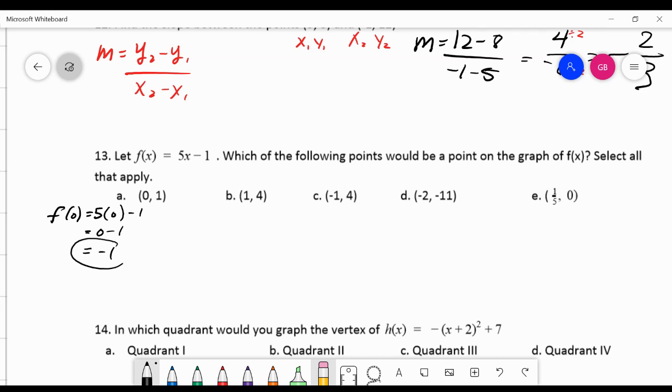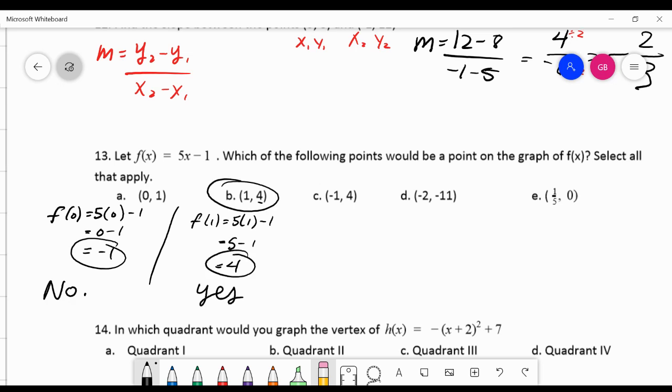You see how it does not match with the y value? So this one is not on the graph. Okay, let's try f of 1. 5 times 1 minus 1 is 5 minus 1, which is 4. So you see how it matches? So this one's yes, so B works.